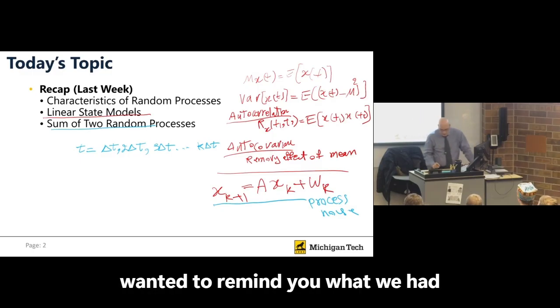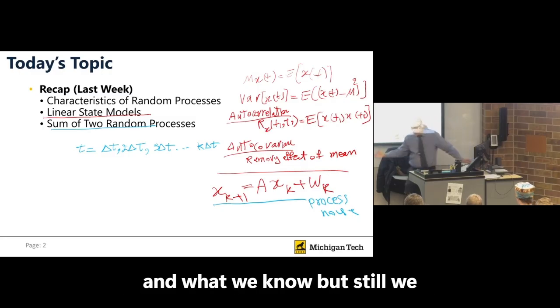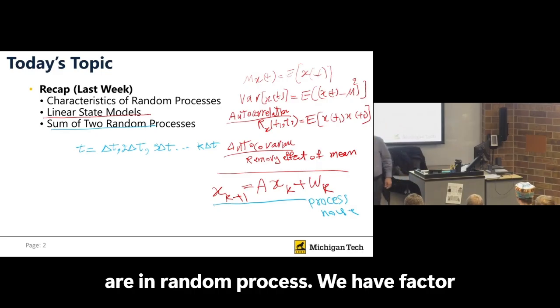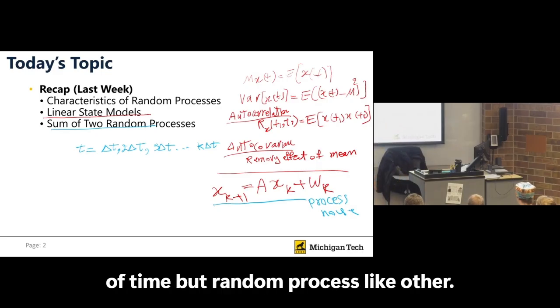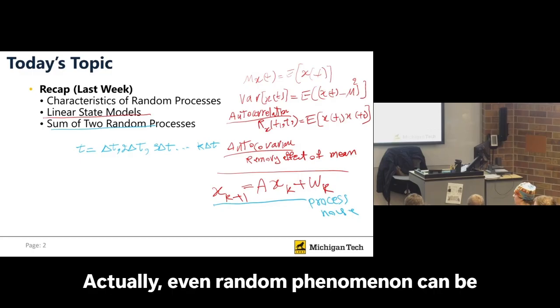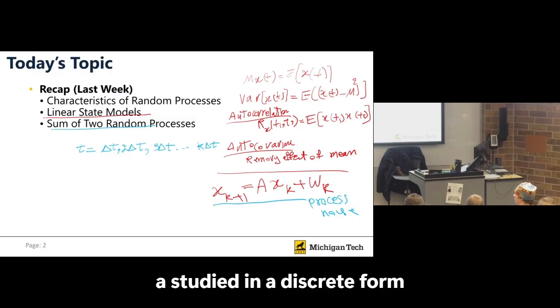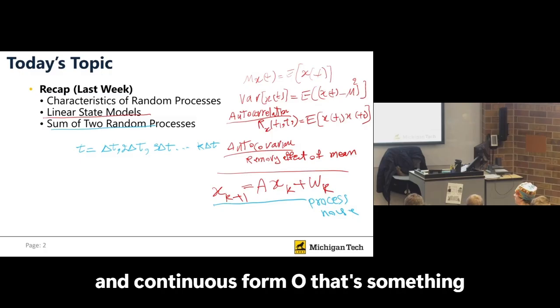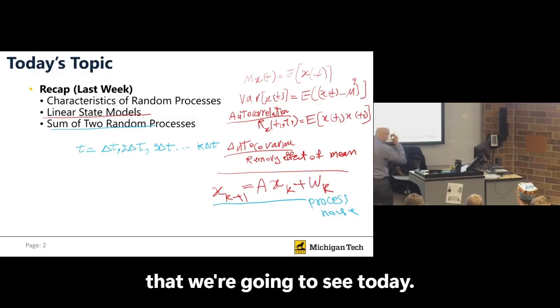I just wanted to remind you what we had and what we know, but we are still in random processes. We have the factor of time, but a random process, like other random phenomena, can be studied in a discrete form and a continuous form. That's something we're going to see today.